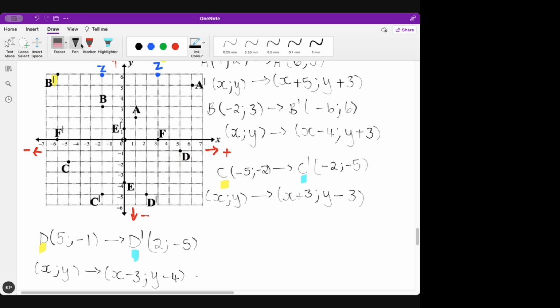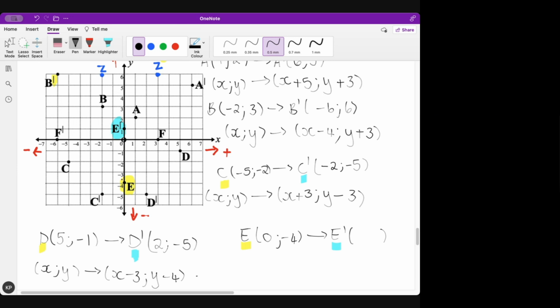Let's move on. E and E prime. Coordinates for E, please. The original one is always the yellow coordinate. So it is 0, -4.